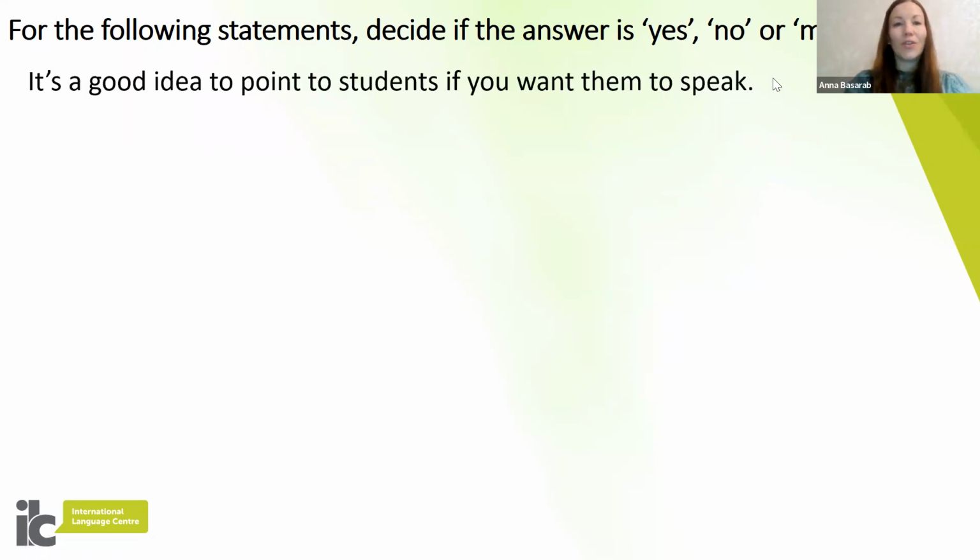So is it a good idea to point using your finger to the student if you want them to speak? Just briefly in the chat.